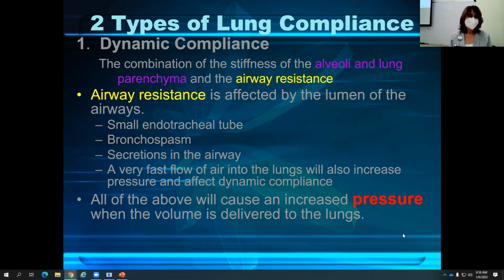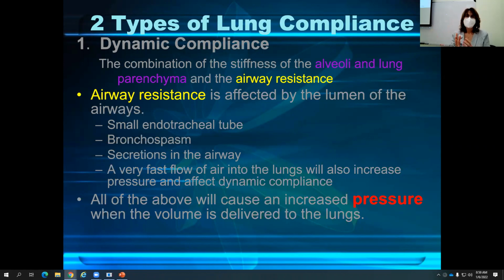Okay, and then the bottom summarizes it and says, all of the above will cause an increased pressure when the volume is delivered to the lungs. So how does this go back to the formula? Let me tell you, when you have a big number on the bottom of that equation, you're going to end up with a smaller answer.